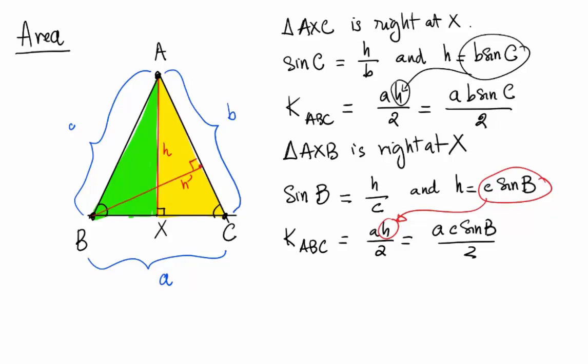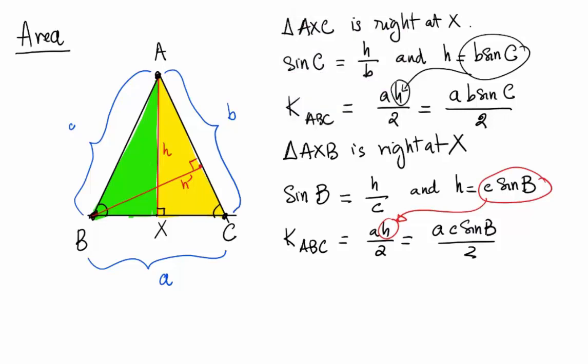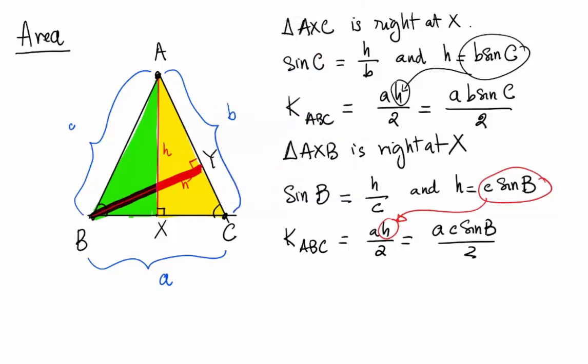Next, I will consider another height for the triangle. The height that I'm considering here is precisely this one here. Let's put Y here, and I will say that h prime is equal to BY, and the area of the triangle ABC does not change.